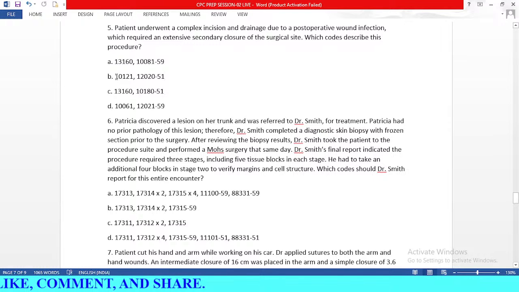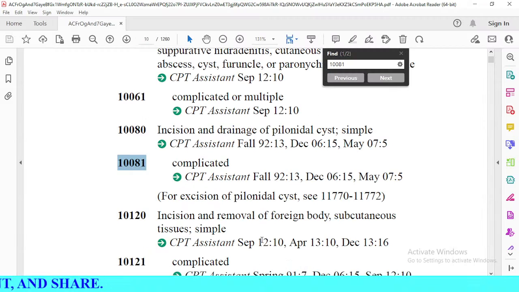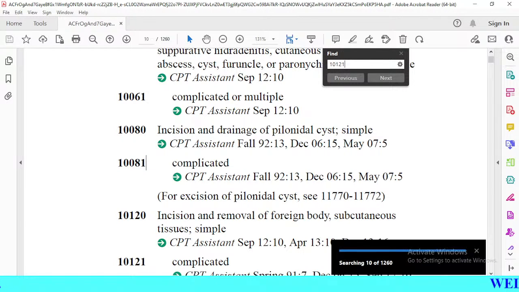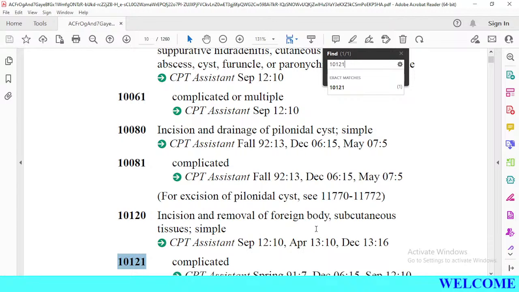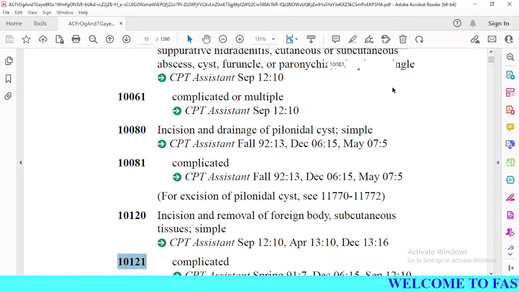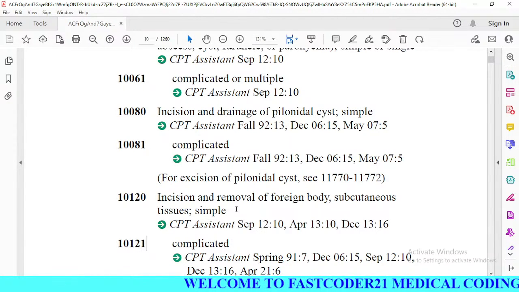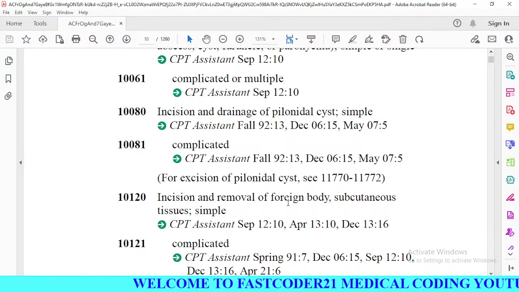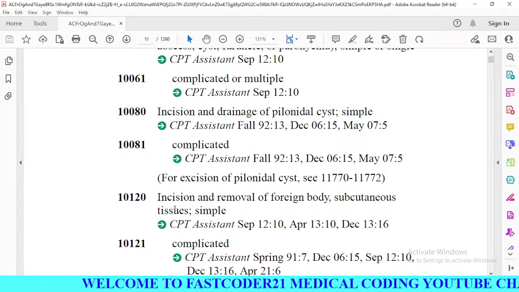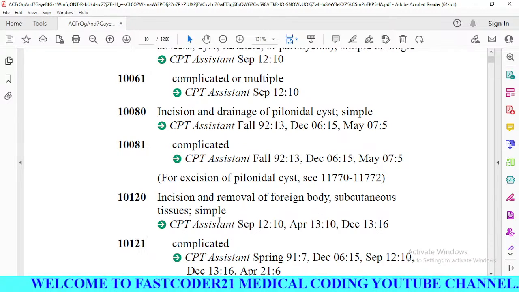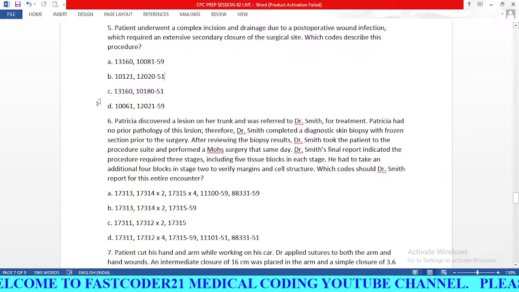So next one we will check 10121. So what is 10121? Here it is telling incision and removal of foreign body, subcutaneous tissue, simple. It is complicated. Our question is related to incision and drainage, and here there is no mention of drainage. 10121 is for incision and removal of foreign body, which is complicated. So this is also wrong.